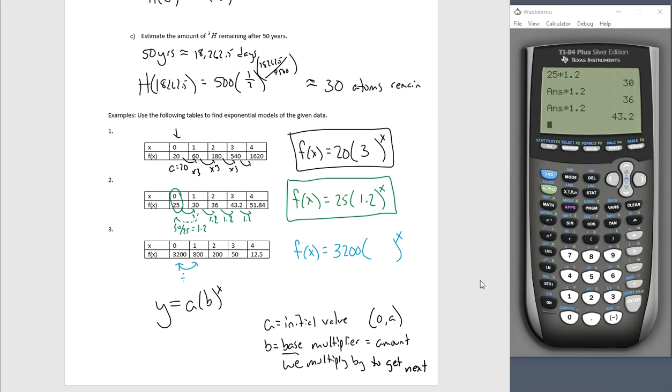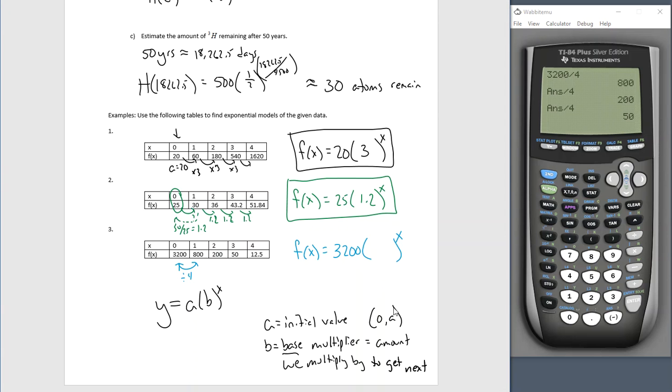So I want to know what I divide by. And I know that 3200 divided by 800 gives me 4, but more importantly, 3200 divided by 4 gives me 800. And if I divide that by 4, I get 200. And if I divide by 4 again, I'll get 50. And so each time I'm dividing by 4.